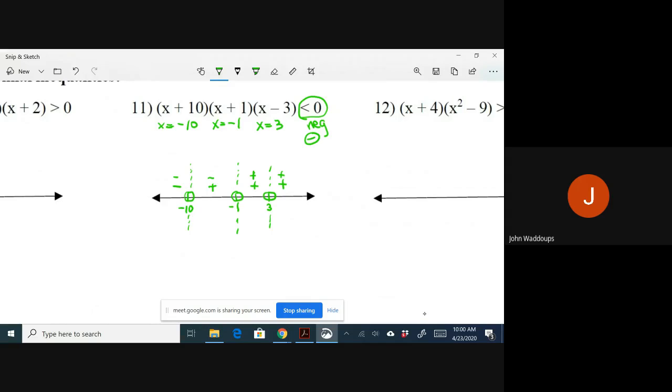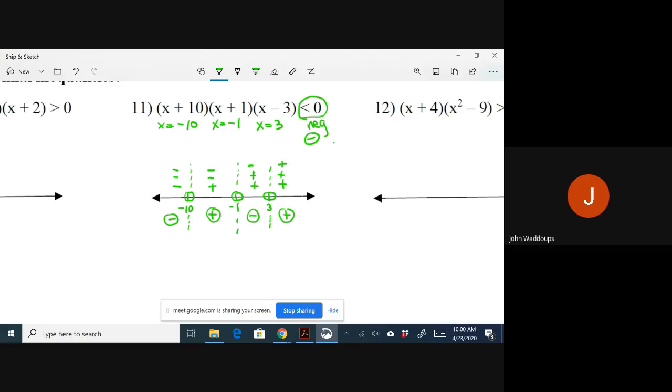To the left of 3 would be negative, and positive to the right. So then we multiply out: negative times negative times negative. There's an odd number of negatives, which would be negative. Here, negative times negative would be positive. And here, negative times positive would be negative. And positive times positive would also be positive.